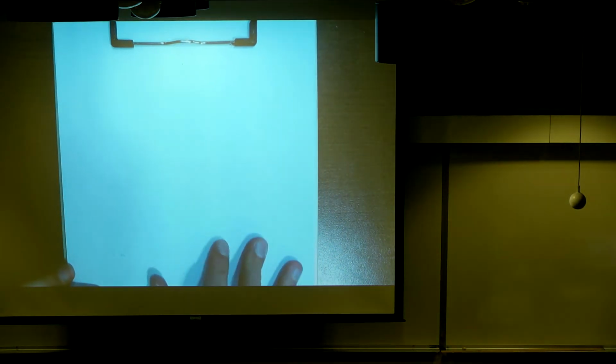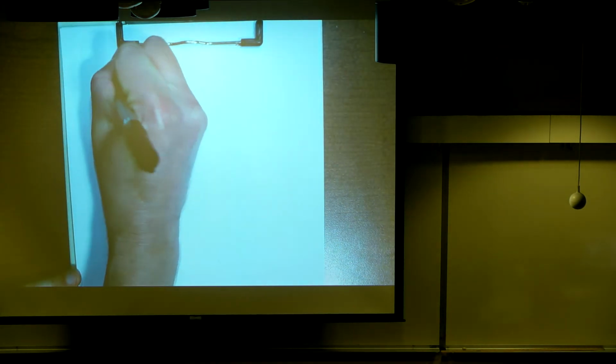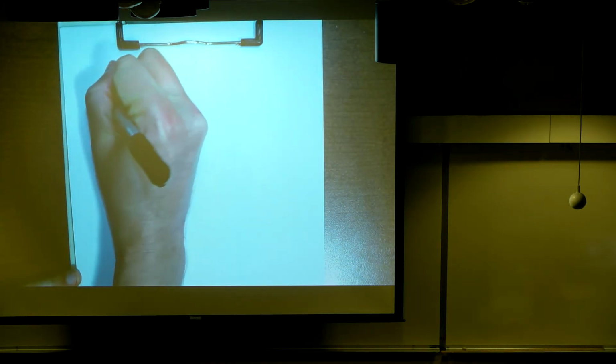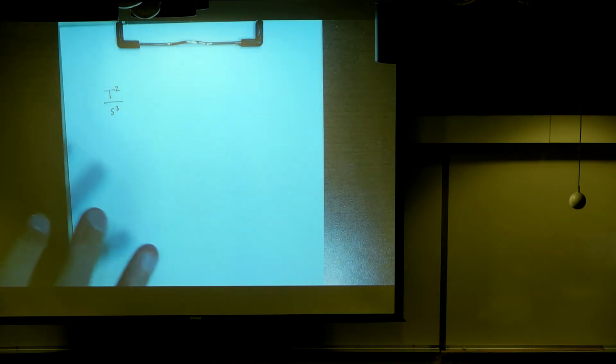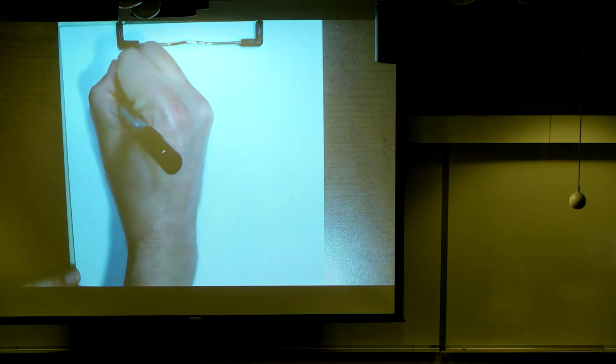Again, the starting point is the same. We have T squared divided by S cubed, and we apply this ratio to two different bodies in the solar system. It's probably easiest to compare things to the Earth because we can remember those numbers.